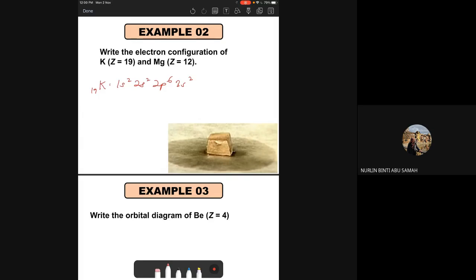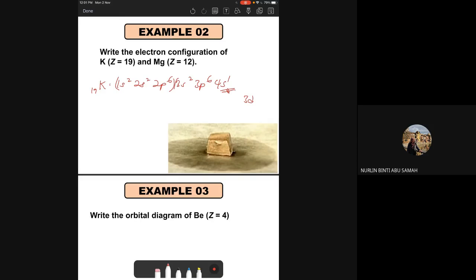Ni dah 10, ni 3s2, 3p6, 6, 7, 8, lagi 1. 4, good. Okay. 4s1. In this case, kalau kamu perasan dia isi 4s, dia tak isi 3D.